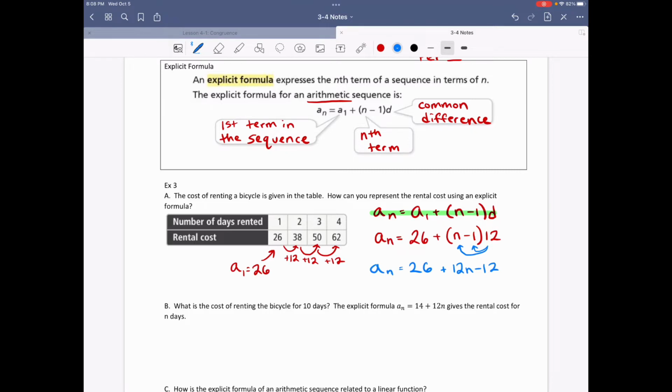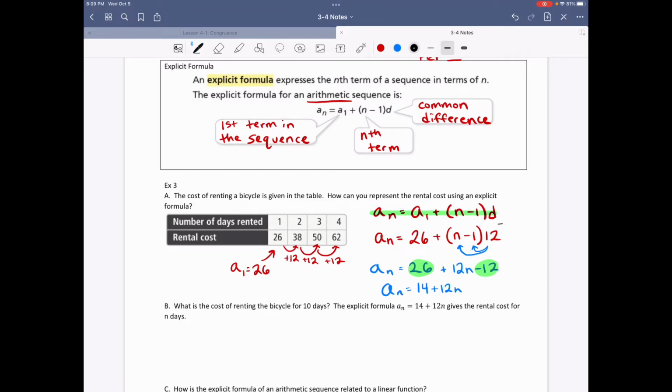And we can continue to simplify this because the 26 and the minus 12 are like terms. Since 26 is positive and 12 is negative, we will subtract, different signs, subtract. So 26 minus 12, that's 14, plus 12n, that is equal to a sub n.